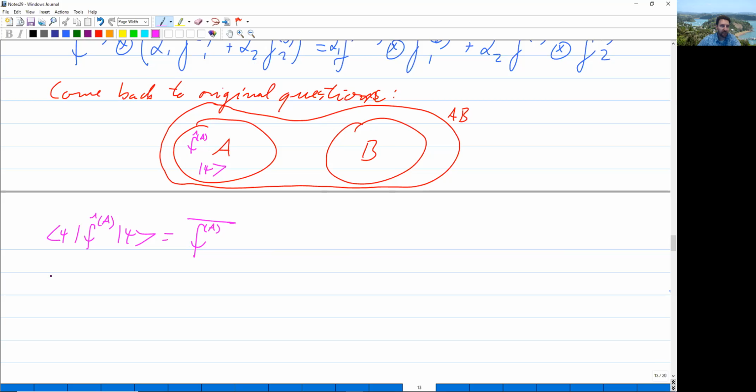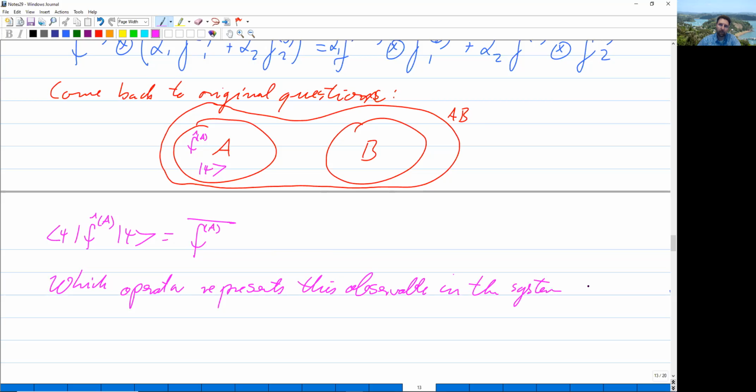So then the question is, which operator represents this observable in the system AB?